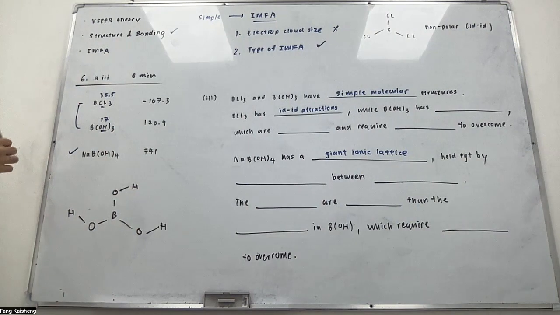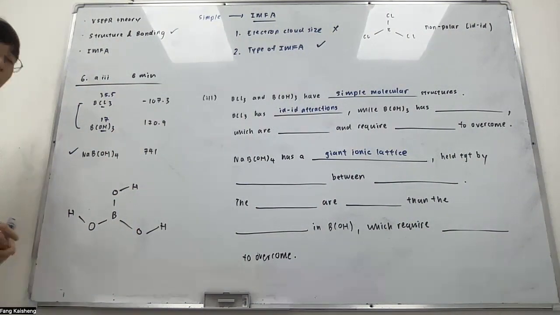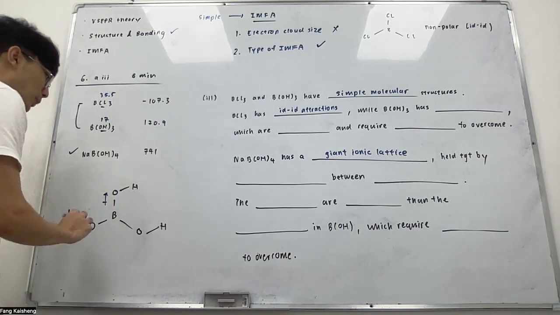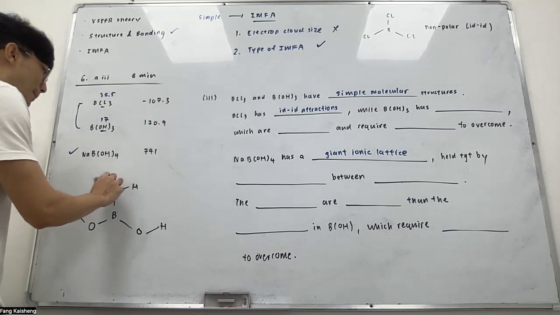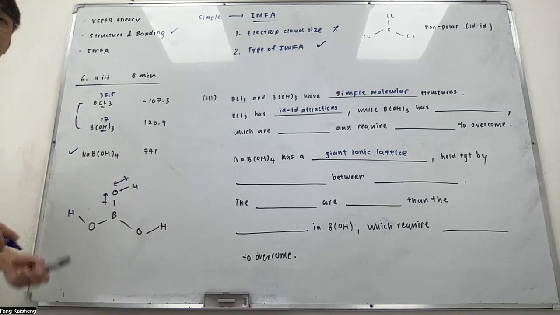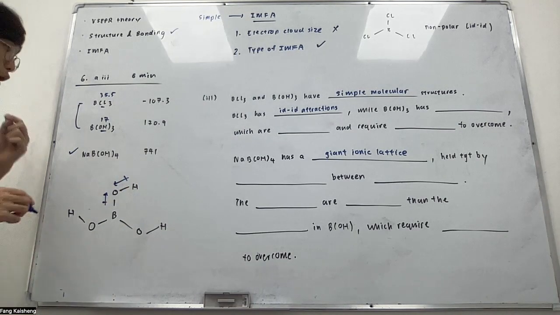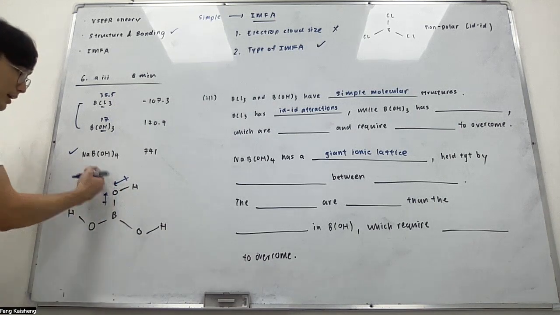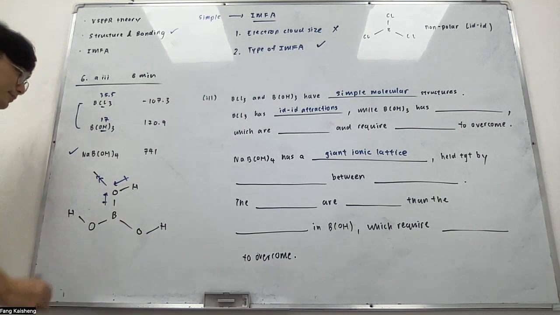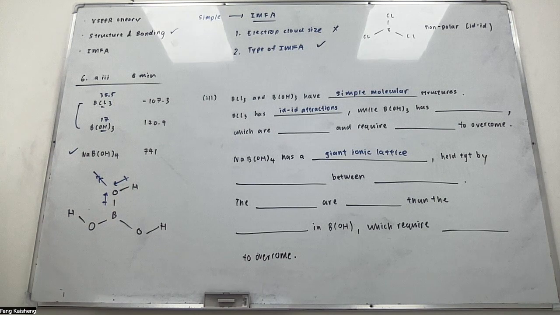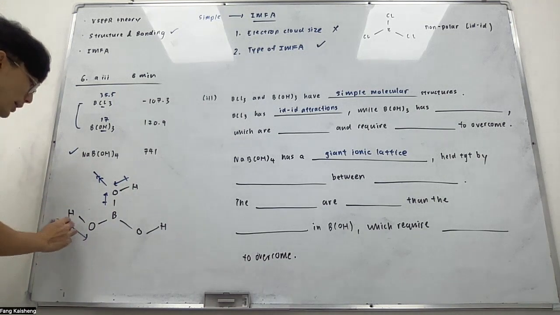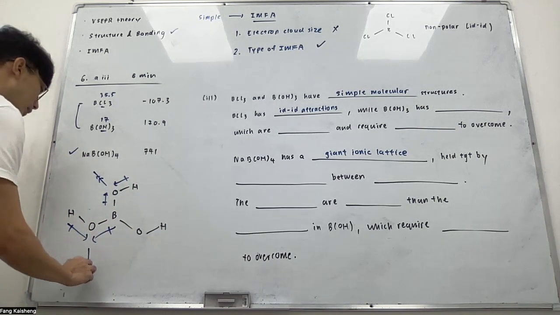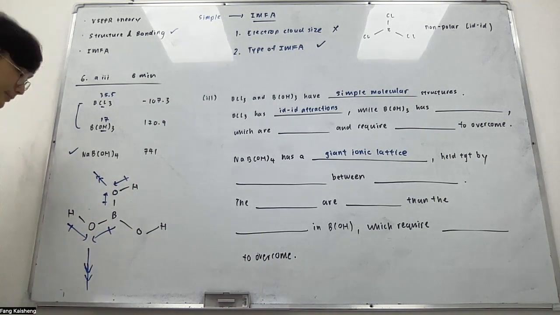Let me show you that there's actually an overall dipole moment. B and O, the dipoles are pointing this way, but O and H, the dipoles are pointing this way. Now, overall, where is the dipole pointing? Overall, it is pointing this way. Same thing here, pointing towards O. The dipole overall is pointing downwards.